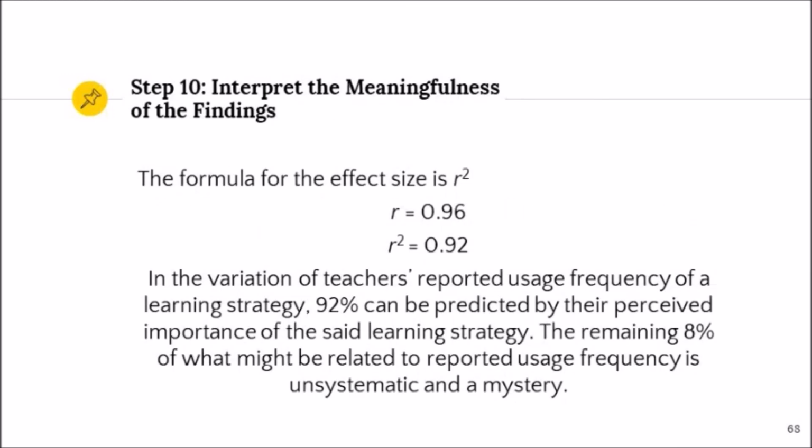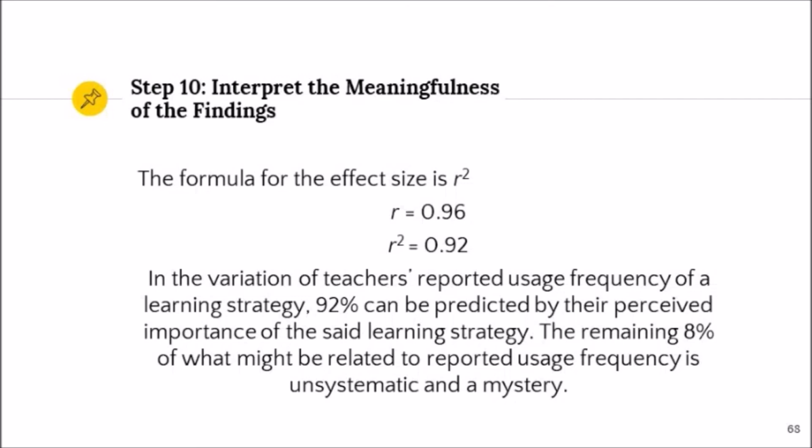That's not the end. We still have to follow step 10, and that's to interpret the meaningfulness of the findings. Interpreting the meaningfulness of the findings also means that we must find the effect size, which is equivalent to R squared. If our value of R is 0.96, we need to find its square, which is 0.92.